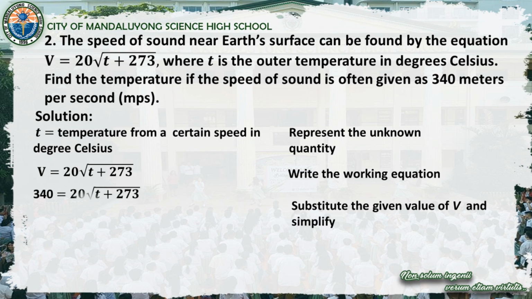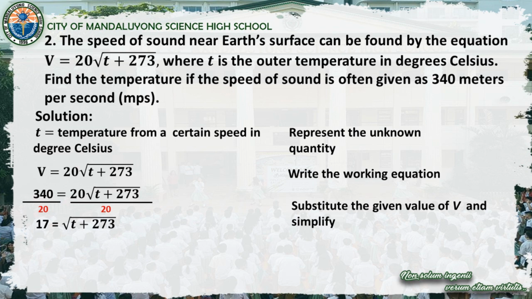So therefore V is equal to 340 is equal to 20 times the square root of T plus 273. If we take a closer look at this equation, they are both divisible by 20. So let's do it. Divide both sides of the equation by 20. And the result is 17 is equal to the square root of T plus 273.